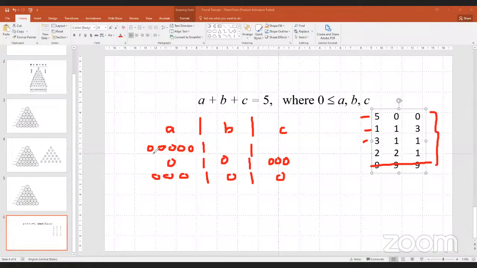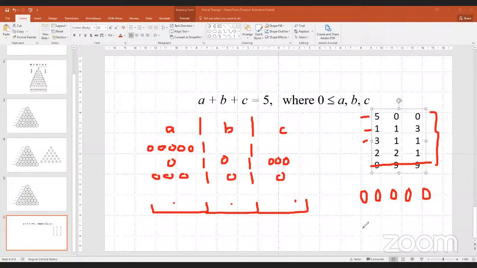Again, the question is, you have 3 boxes, and you have 5x, and how many ways can you distribute this 5x into these boxes?